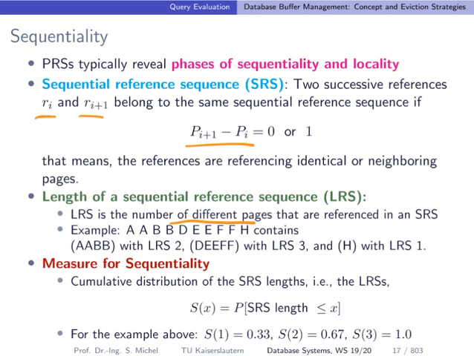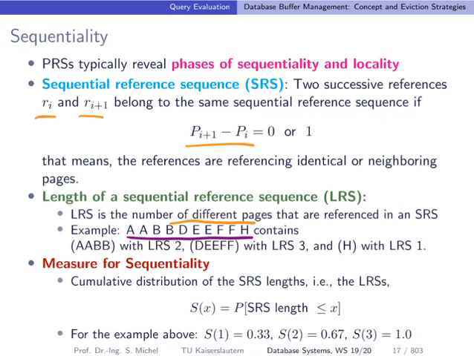So for example, we have the following page reference sequence, or string. And then we look at the sequential reference sequences we see. So we have A and B, which are neighboring. Now we're using the alphabet to make it a bit more convenient. We could also use numbers, of course.